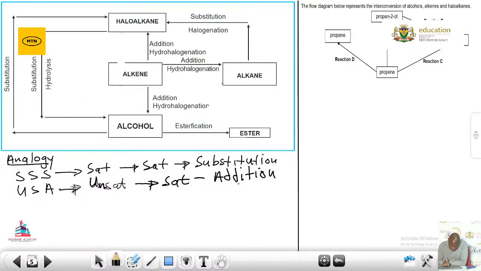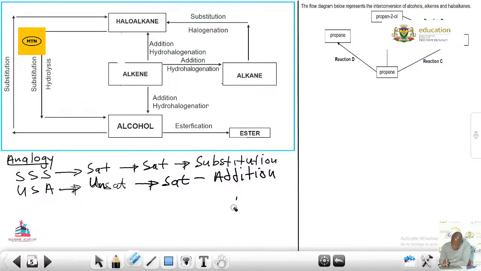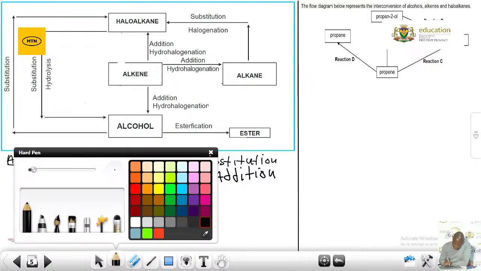The question comes when we have to explain the different types of additions that we have. But the mere fact that we are on the right track of knowing that we are working with addition makes it easy for us to choose which one is more relevant according to the information that is given.